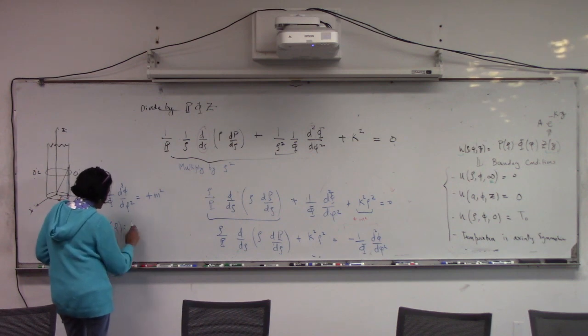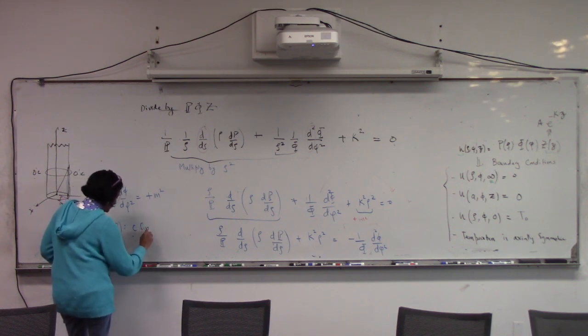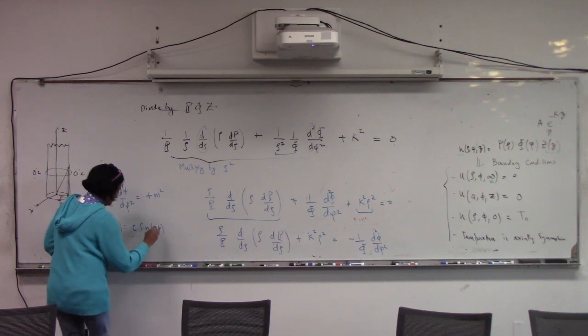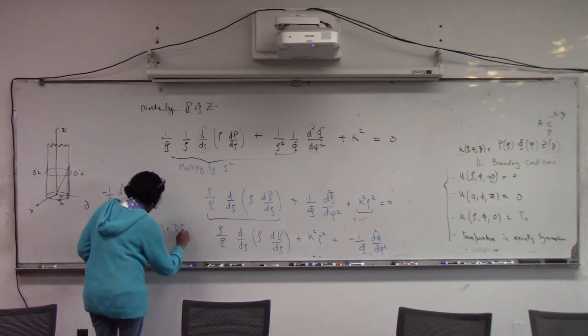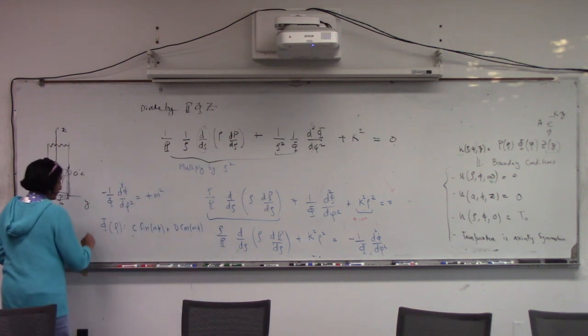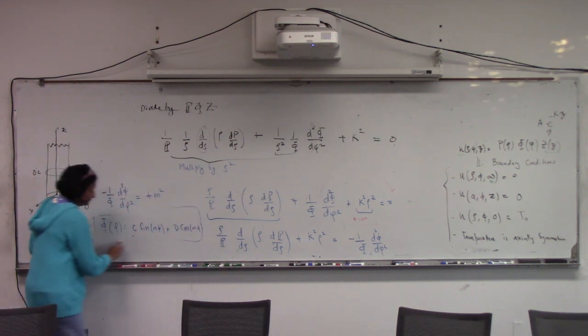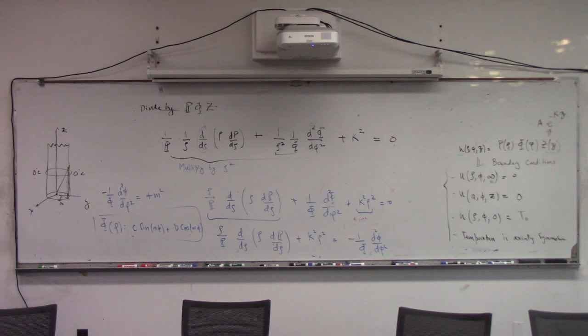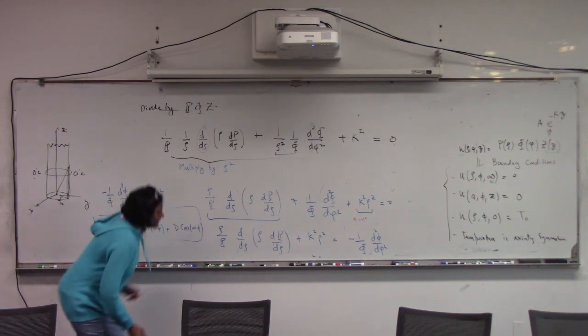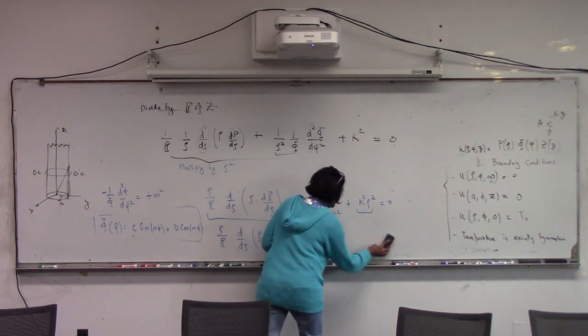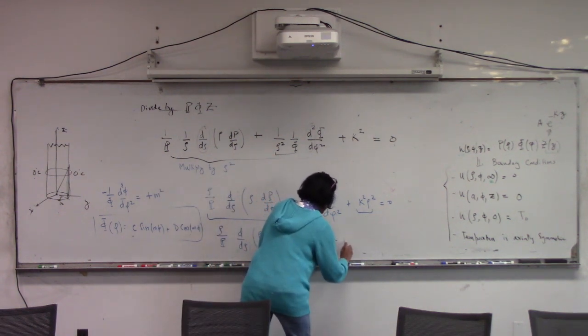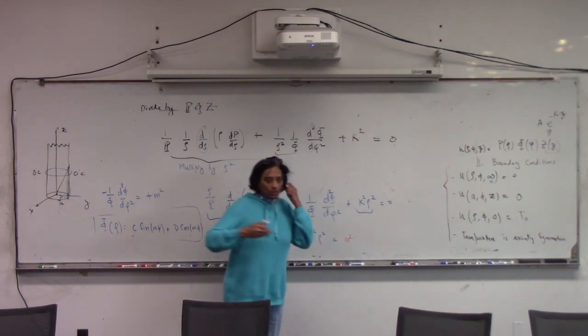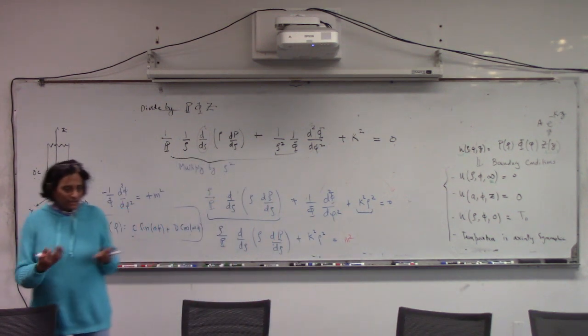If I call this the separation constant m squared, I don't choose negative because phi doesn't become infinite, there's no way I can make it.